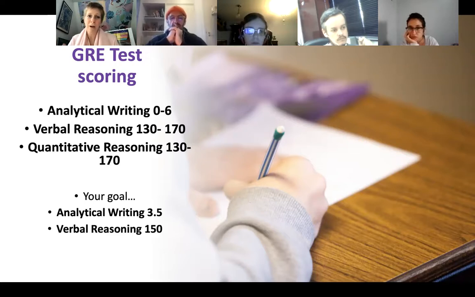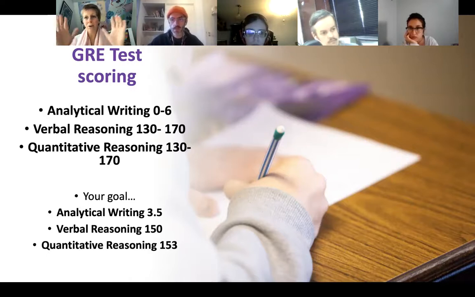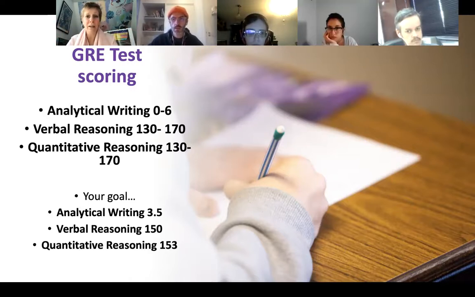Most graduate programs ask for the verbal reasoning that you're somewhere around 150, and with your quantitative reasoning that you're somewhere around 153, okay? So this just gives you a sense of what your goal might be and where you can aim towards. It also might give you a sense of when you're taking a practice test and you're getting a score back, it might tell you a little bit more about where you're falling, okay?